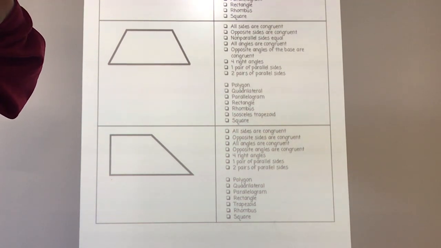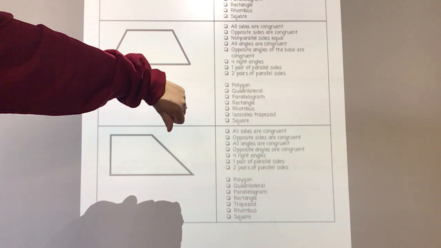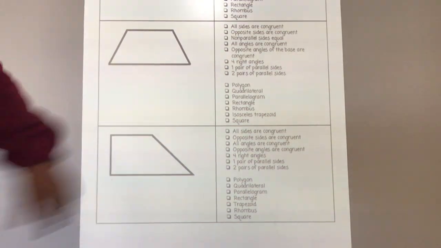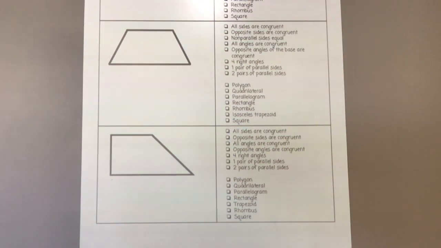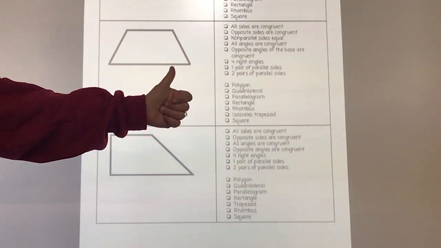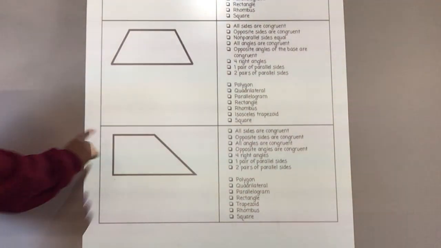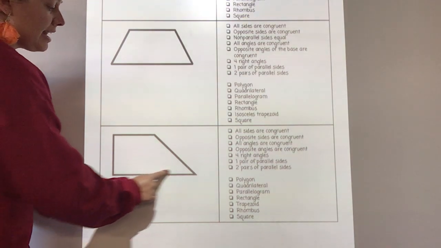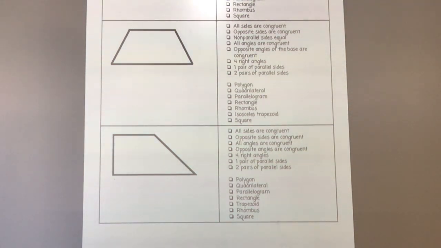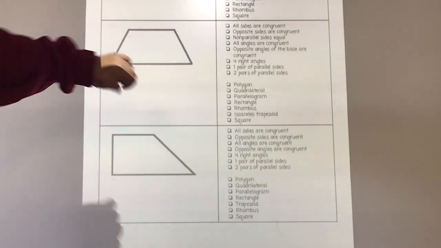Show me. Thumbs up, thumbs down. 4 right angles. 1 pair of parallel sides. Parallel. They do not have to be the same length to be parallel to each other. 2 pairs of parallel sides.